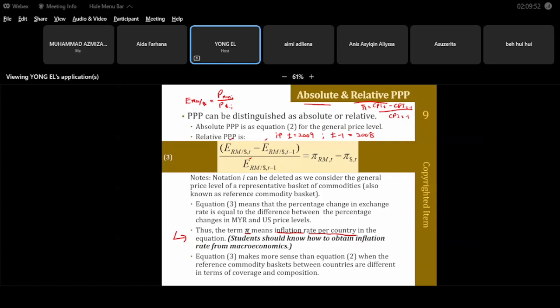The percentage change in the exchange rate equals the difference of inflation rates between the two countries. If you calculate the percentage change in the exchange rate, and also the percentage change in this price ratio, you will get the inflation rates in Malaysia and the US respectively.